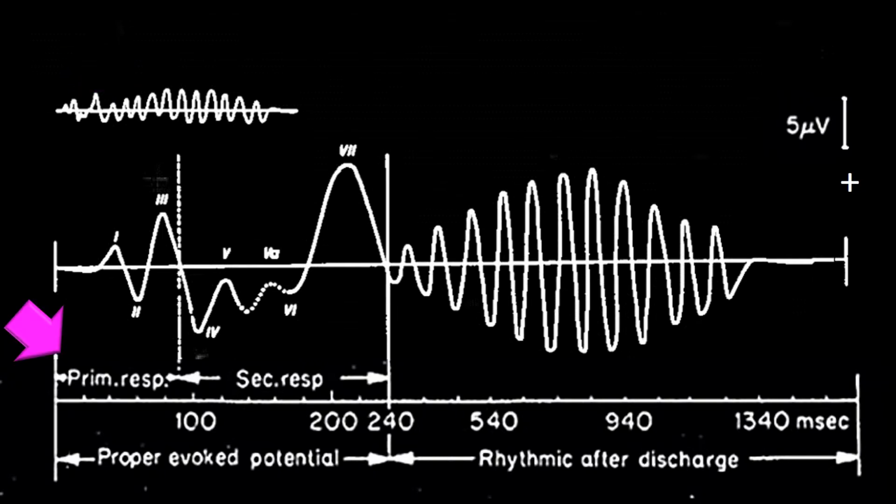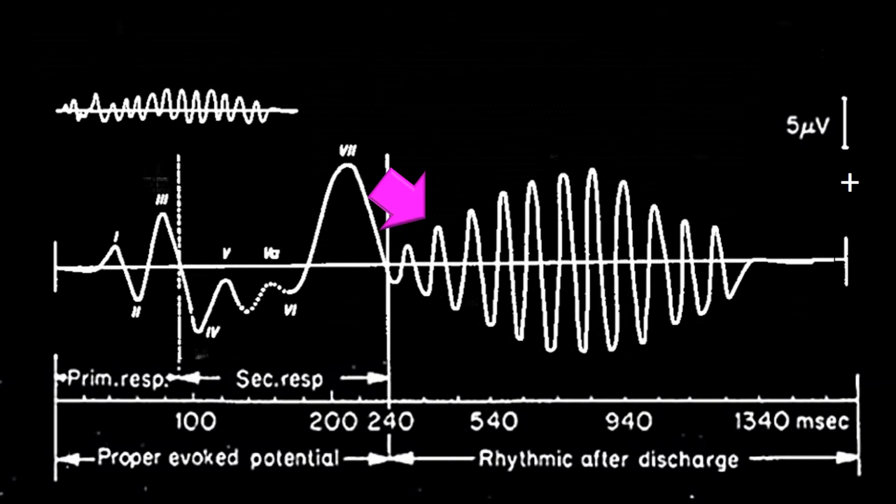In this extended sample, the scale used for the proper evoked potential, which in this figure is labeled with the terms primary and secondary responses, is different from the scale used for the rhythmic after discharges.